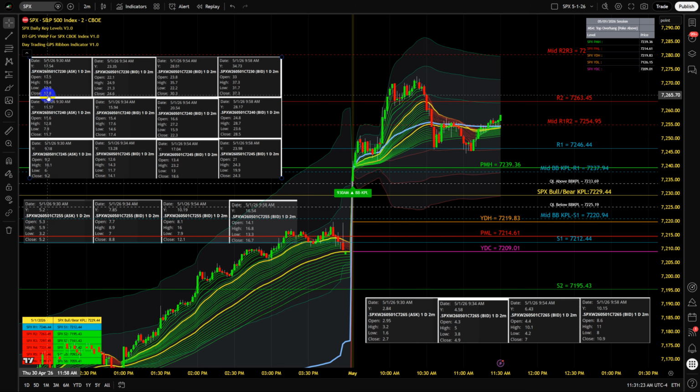A 50% loss on that would be $900. If we round this 11.70 up to 12, a 50% loss on that would be $600. And on this one, the 9.20, if we just keep that at 9.20 as an example, then that would be $460. Now compare that to the $2.70.